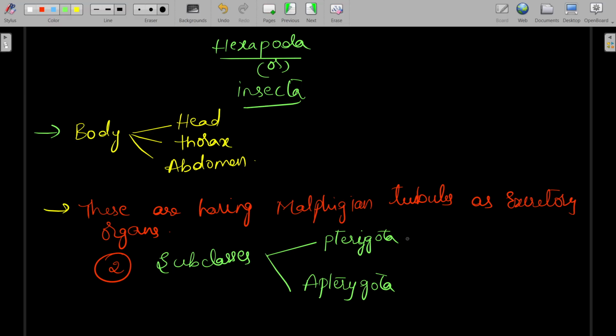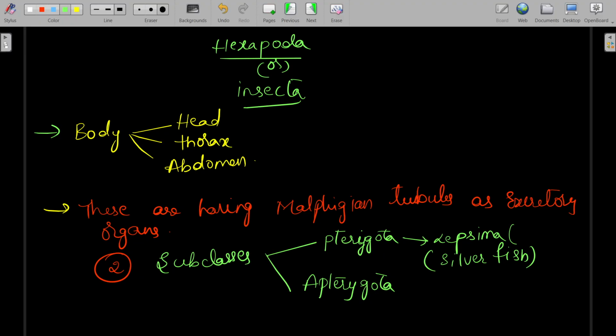So an example of Pterygota is Lepisma. This is called silverfish. It is not a creature, it is a small insect present in old books.